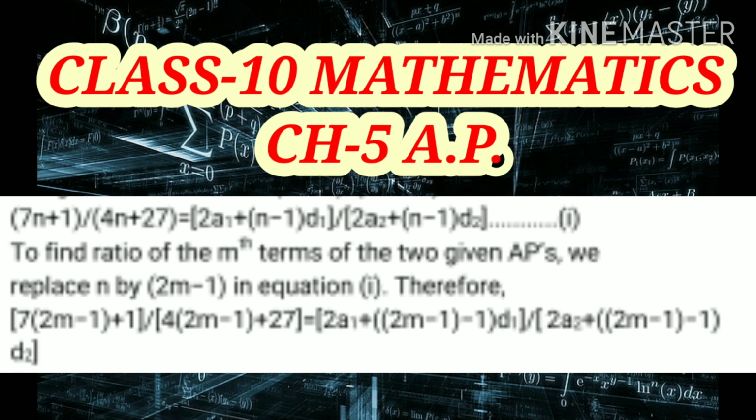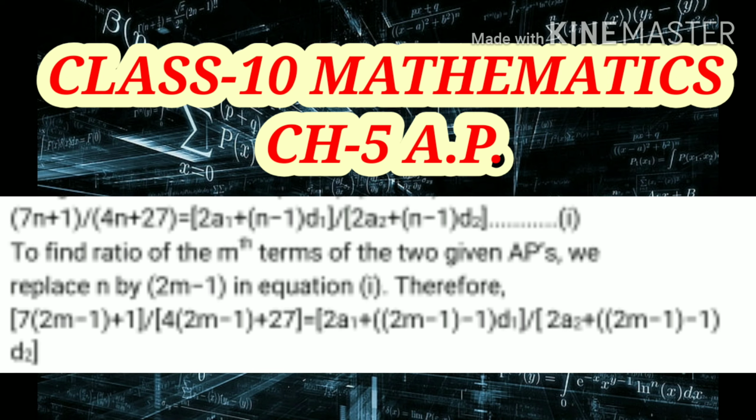Therefore, our equation becomes 7 into 2m minus 1 plus 1 upon 4 into 2m minus 1 plus 27 equals, now children, on the right hand side also you are to substitute 2m minus 1 in place of n.